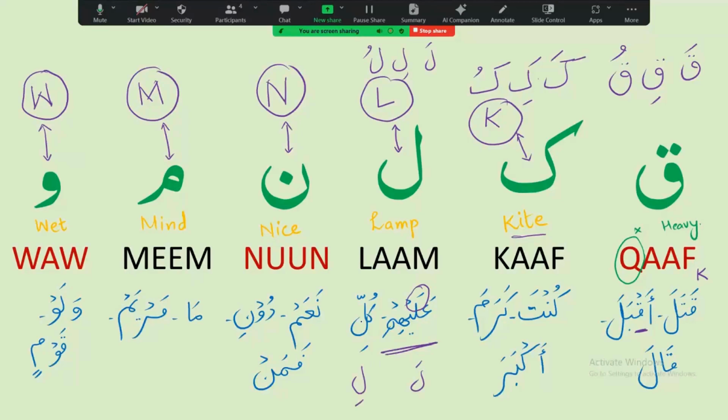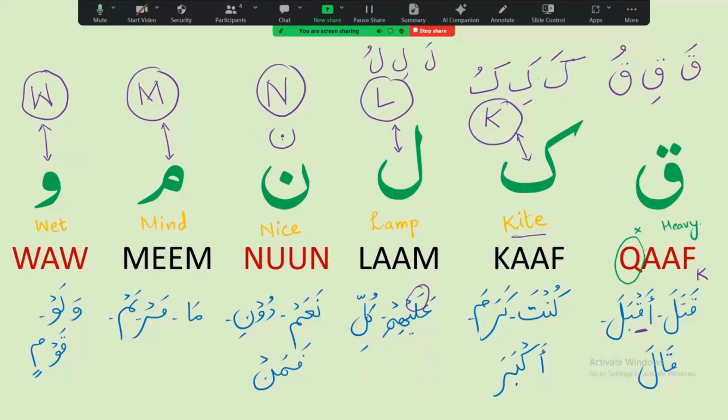Let's see the next letter for today, which is this noon letter, right? With the dot in the middle. We have only two alphabets in Arabic which have a dot in the middle. The first one was Jim that we have already done, just like J of English. Now we have Noon.